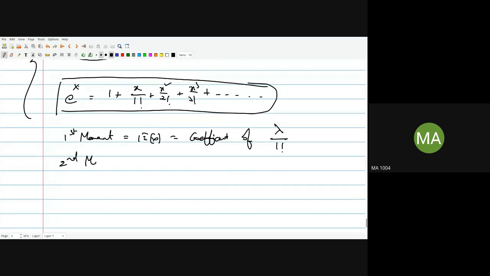Similarly, the second moment, the expected value of x square, is the coefficient of lambda square by 2 factorial.